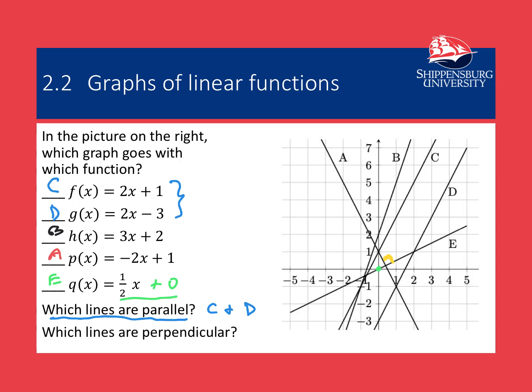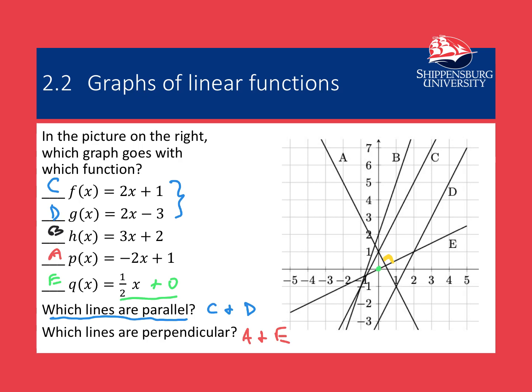If you wanted to have the shortest distance, you would walk in a direction that's exactly perpendicular to the road. I know that sounds like a dumb particular example, but that's just to illustrate that when you're measuring distances, which we do a lot in calculus, the perpendicular direction is relevant. So we think that A and E are perpendicular here because it looks like where A and E meet, that seems to form a right angle, and it certainly is not true for any of the other pairs of lines.